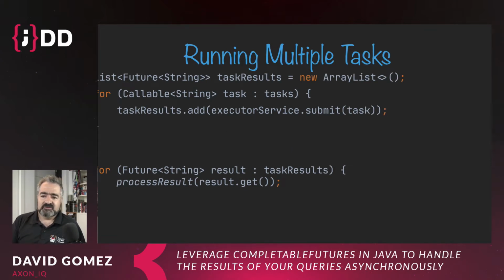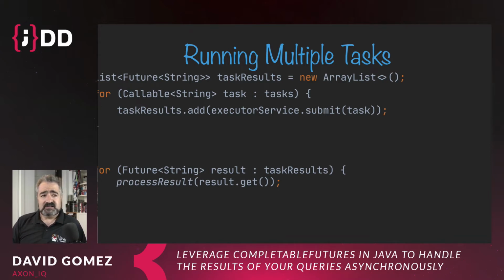But if we have multiple tasks, basically we could add all of them as runnables to the executor service. In this case, we could enter a loop and submit all those tasks. And whenever all those tasks are submitted, we can start retrieving the information.